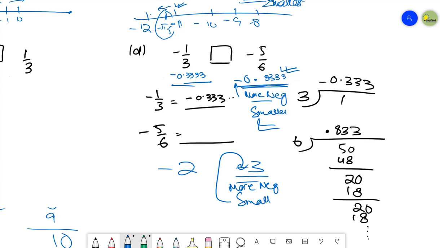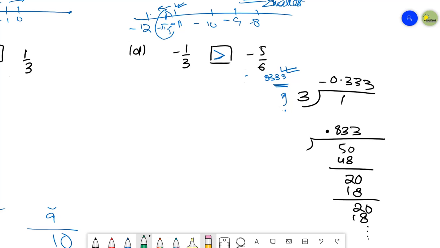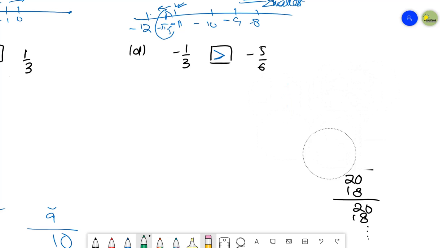Since this is smaller, this one is going to be big. So I have to write the greater than symbol over here. -1/3 is the greater value. Less negative means it's greater than the one you compare with.